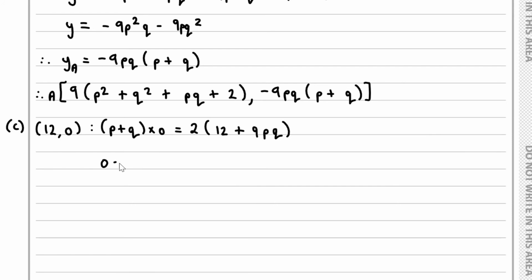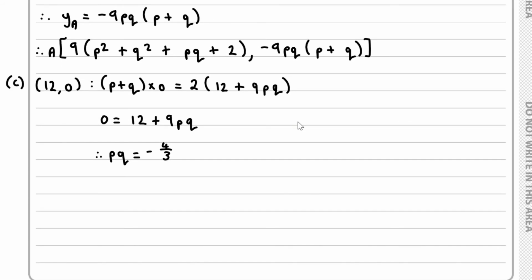So therefore we have 0 equals 12 plus 9pq, from which we can conclude pq equals minus 4 over 3. And the reason I want to work this out is because you can see here we've got a pq and here we've got a pq. It just makes things a little easier.